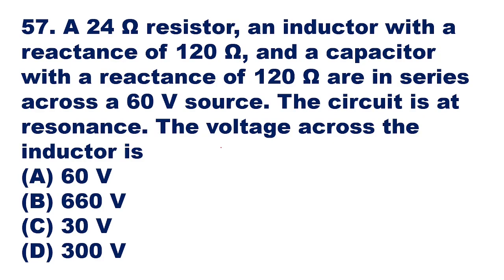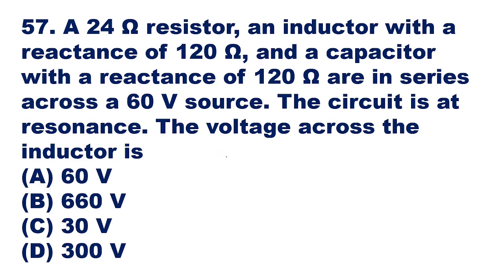A 24 ohm resistor, an inductor with a reactance of 120 ohm, and a capacitor with a reactance of 120 ohm are in series across a 60 volt source. The circuit is at resonance. The voltage across the inductor is how much?